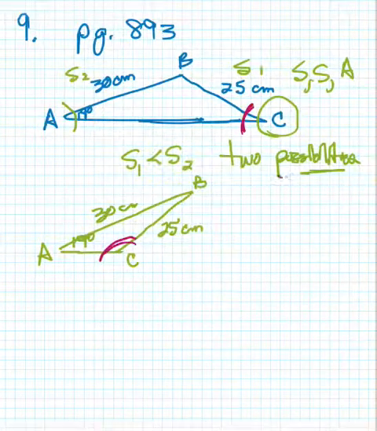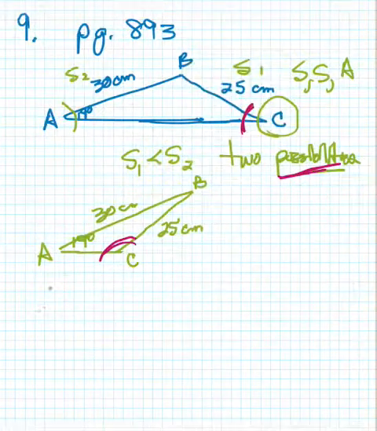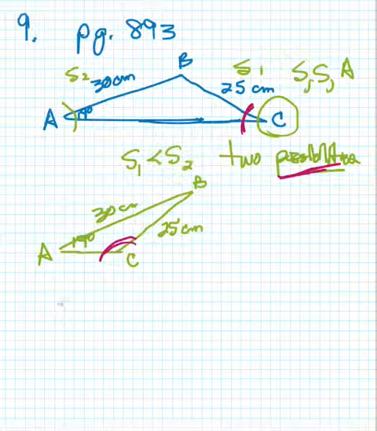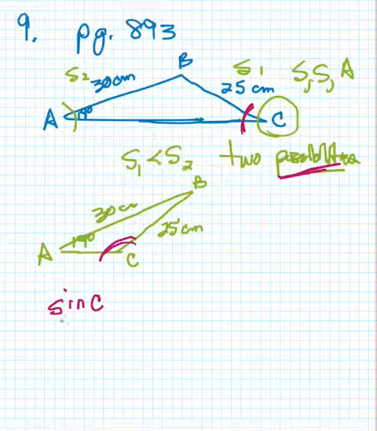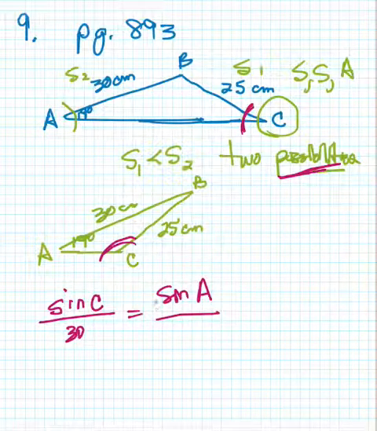And because you know that there are two possibilities, you can in this case just go ahead and use the law of sines, like it says in the book, if you read the book. Perhaps it would be good sometimes to read the book. All right, so the sine of C over 30, the side opposite, has to equal the sine of A over the opposite side, 25.